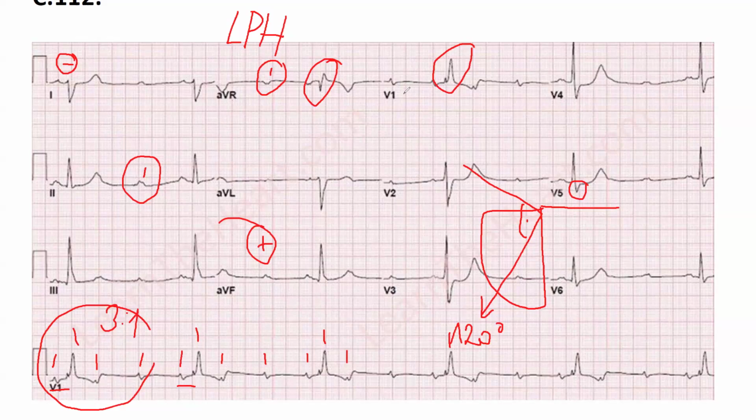What did we say so far about V1? You do see this kind of pattern. What does it mean when you have this RSR pattern in V1?